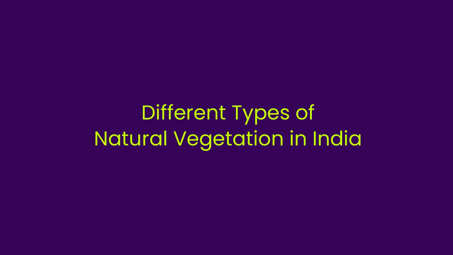Each of these factors interacts to create the unique vegetation patterns we observe in different regions. By understanding these influences, we can better appreciate how plants adapt to their environment and the diversity of life they support. Next, we will discuss the different types of natural vegetation in India.